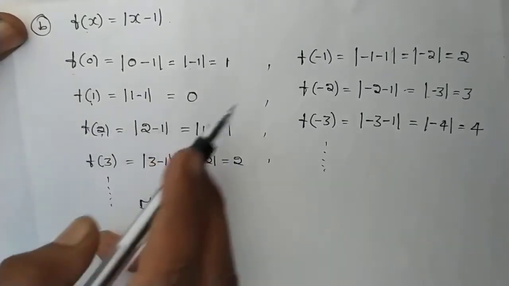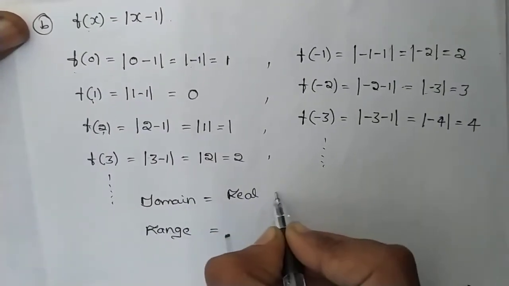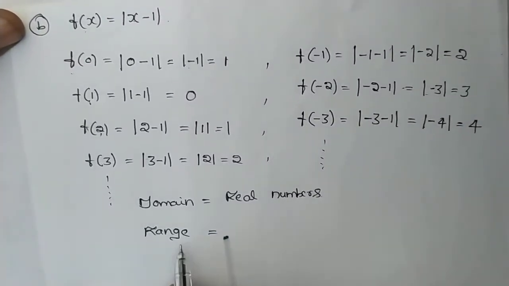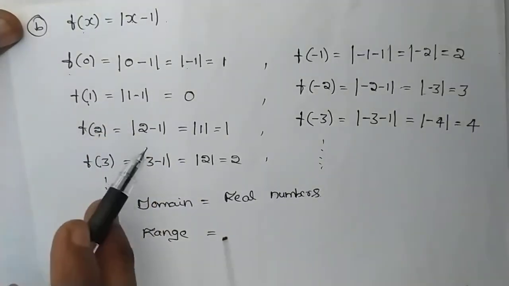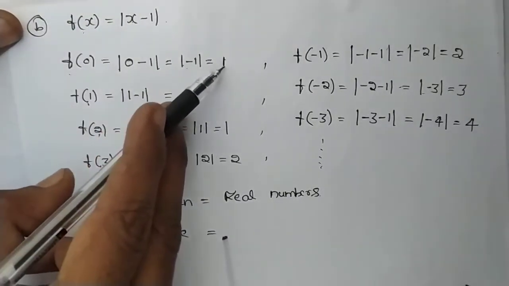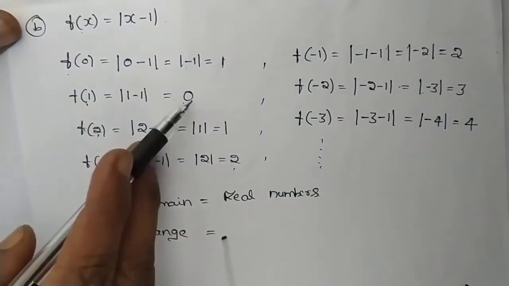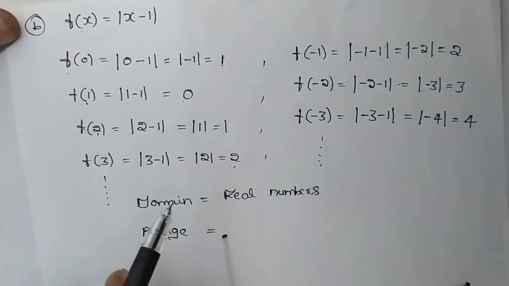Therefore, the domain will be real numbers. No doubt at all that domain will be real numbers. What about range? Here we are getting the outputting values like 1, 0, 1, 2, 3, 4, 5, 6 and so on.